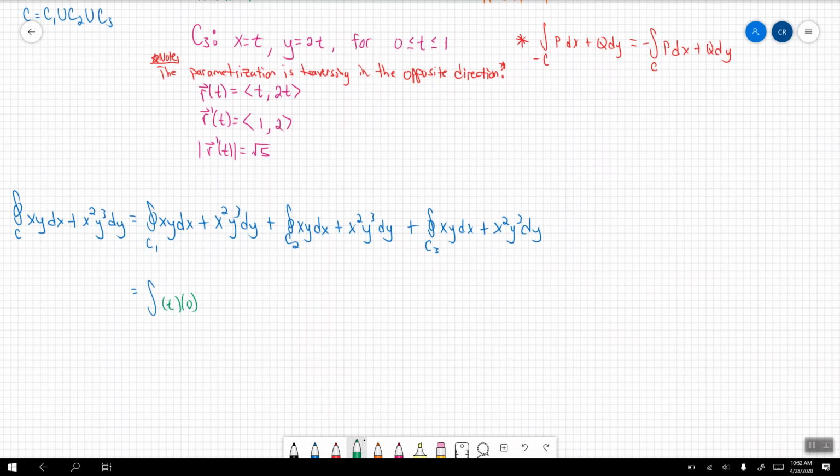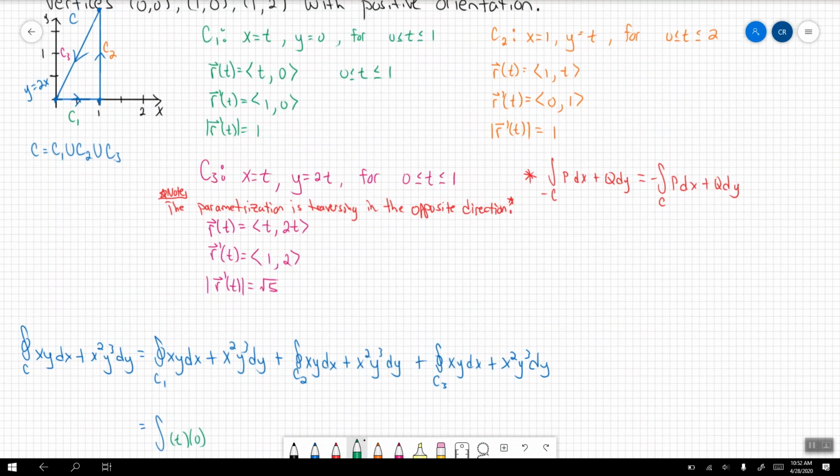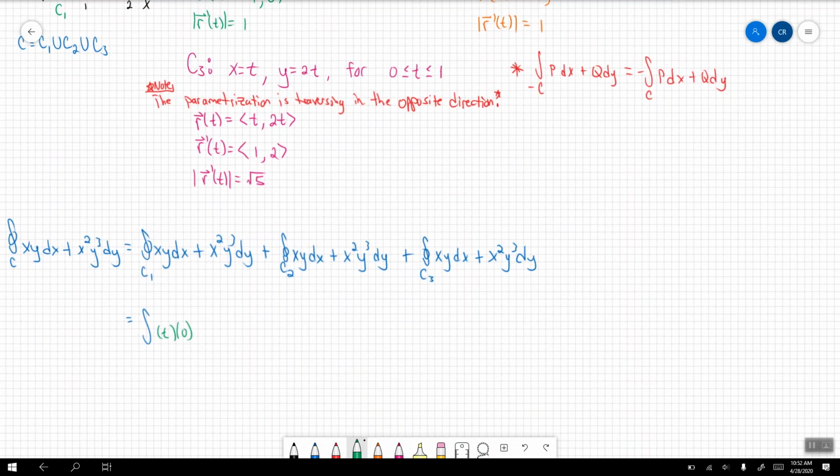All right, I need my dx. My dx, that's going to be this piece right here. So dx, that's just 1 dt, plus x squared. And again, my x value was just t. Y value was 0, so that's 0 cubed.